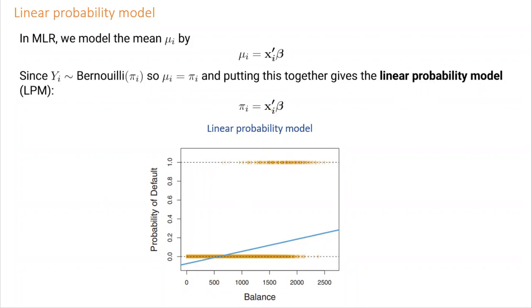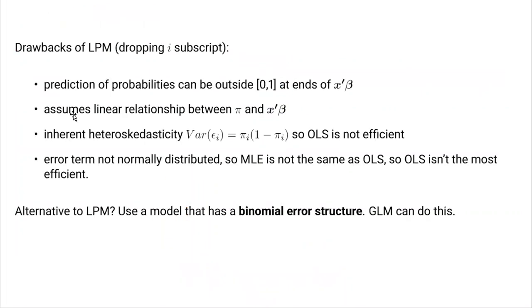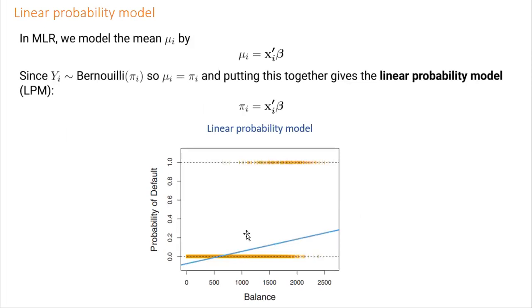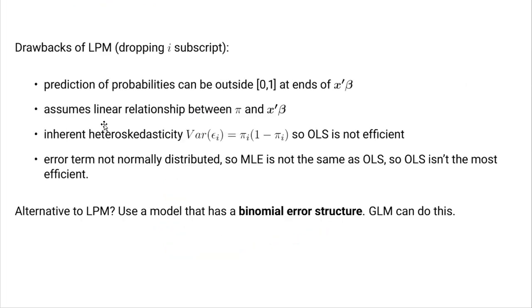All right, so disadvantages of doing this. The probabilities can lie outside the permitted region of 0 to 1. Also, it assumes a linear relationship, which is not necessarily reasonable.